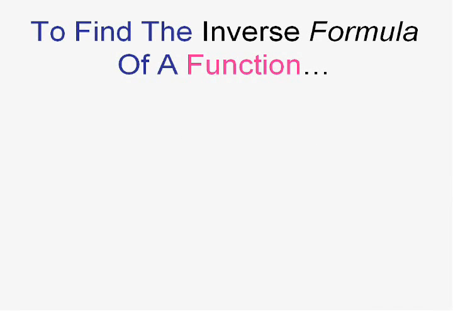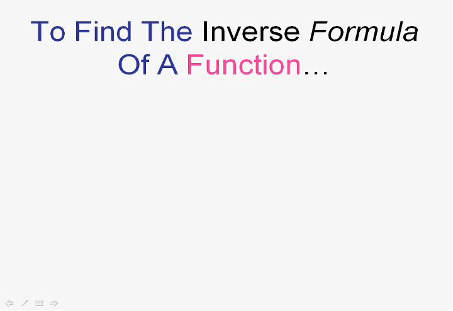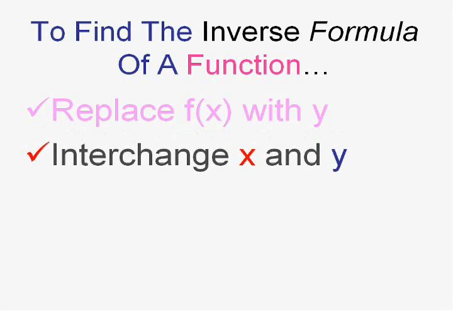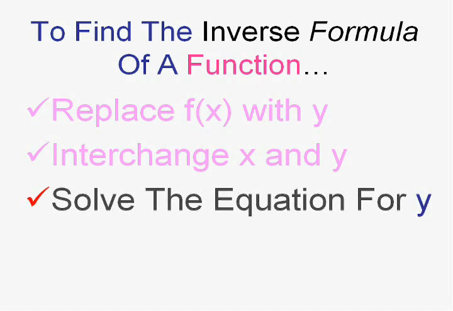Here is how we find the inverse formula of a function. There's 4 steps. A lot of this is just notation changes. For instance, the first step is to replace the f of x with what it really is, the y. Then we're actually going to interchange the x and the y in the equation, flip them, and then here's something you should be good at.